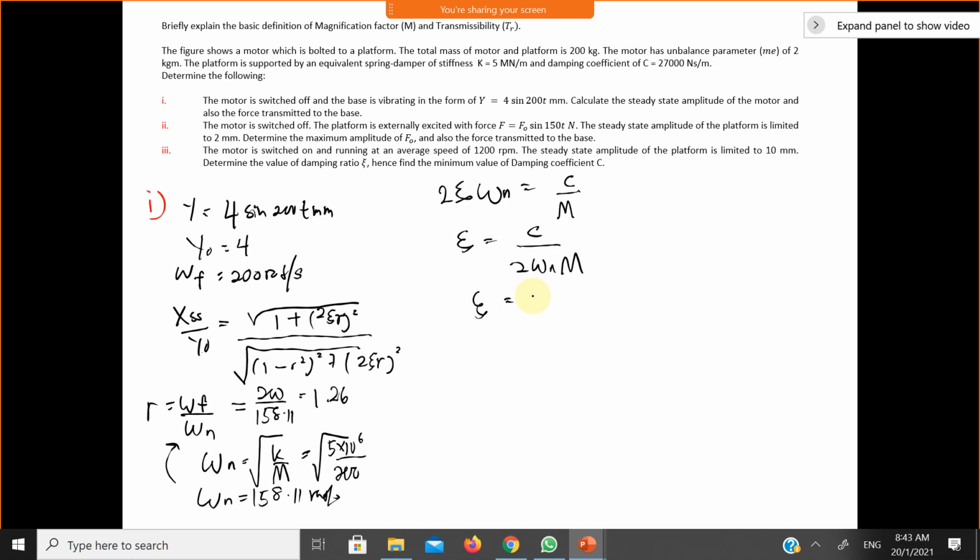So zeta equals c, what is our c? 27,000 divided by 2 times omega n, calculated here, 158.11, times m, which is 200. Okay, then what is our zeta?